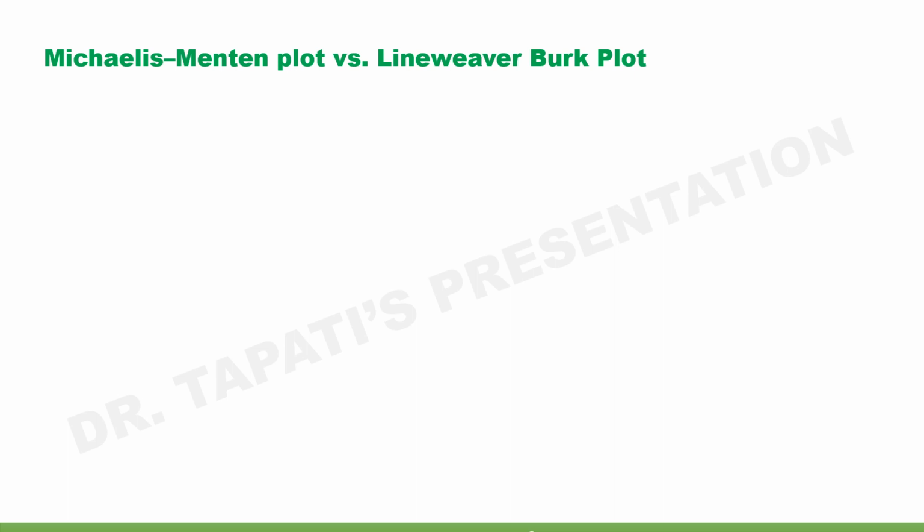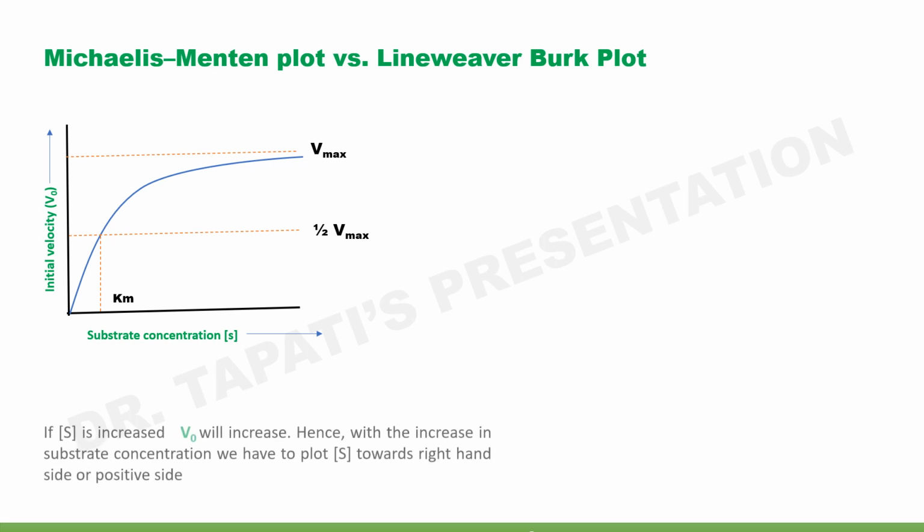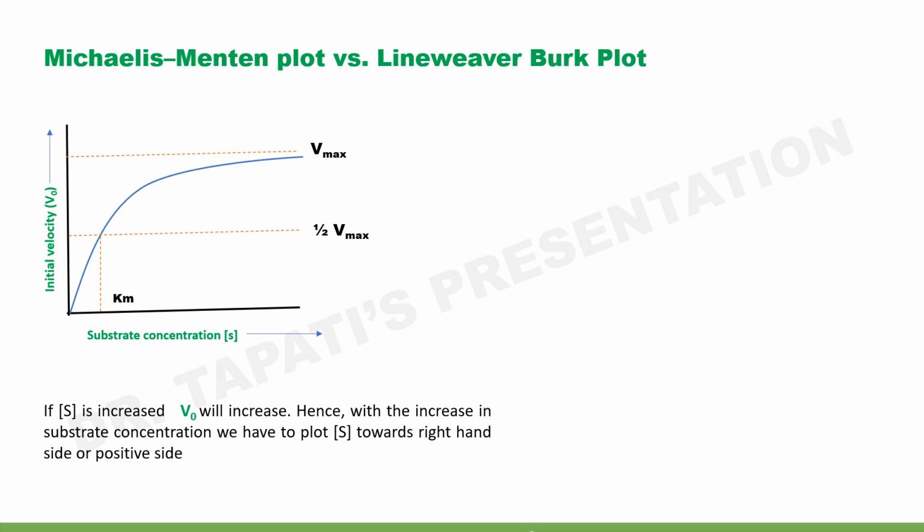Let's compare Michaelis-Menten plot versus Lineweaver-Burk plot. This is the Michaelis-Menten curve, that is a rectangular hyperbola. In this case, if substrate concentration is increased, V0 will increase.